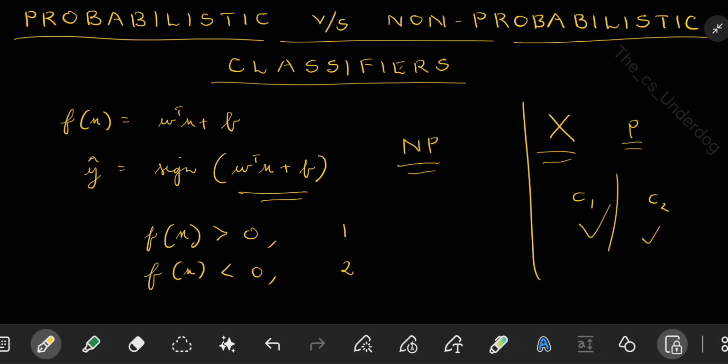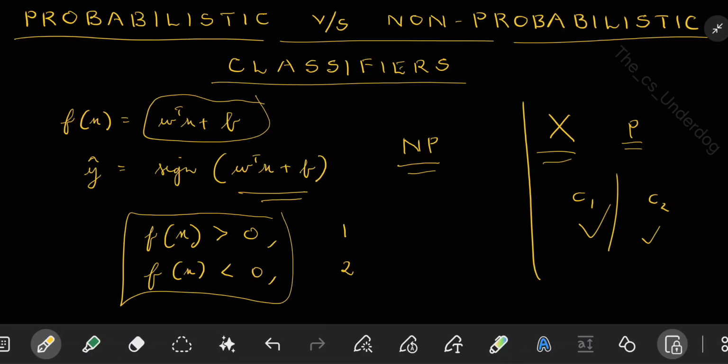Now you can have a doubt. You can say previously you told that for each class there is a value which is probability. Here also you have a function, you have a value, and based on that value only you are saying which class it is. But the point here is, this value is not a probability. Still, it has a magnitude.